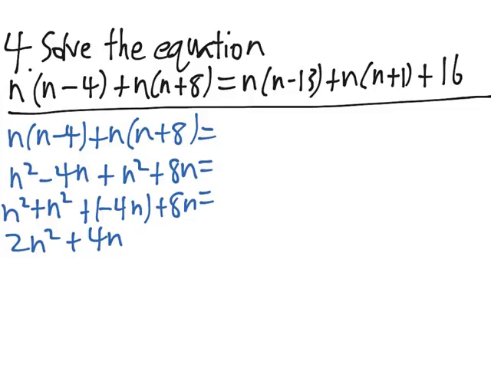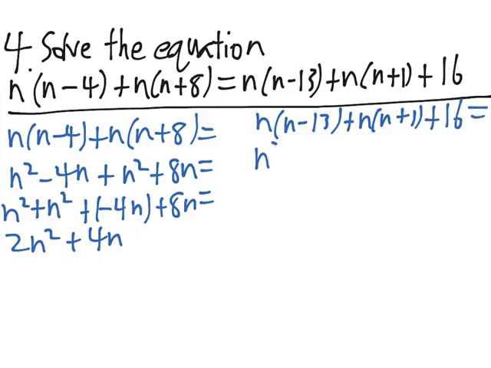Now let's do the same thing for the right side. We have n times n minus 13 plus n times n plus 1 plus 16. Simplifying these products, we get n squared minus 13n plus n squared plus n plus 16.